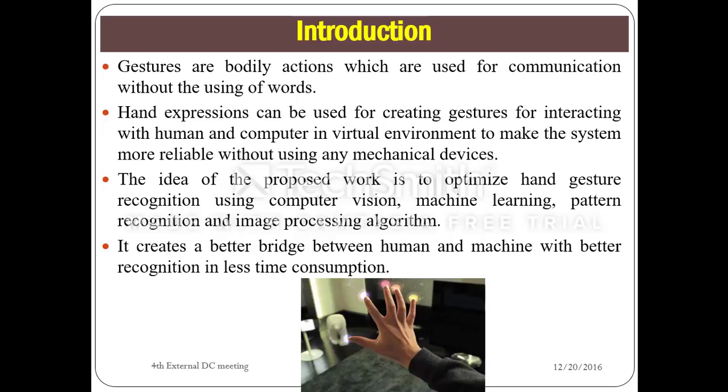The idea is to propose work to optimize the hand gesture recognition system using computer vision and machine learning patterns. We use an image processing algorithm and a hidden Markov model approach.